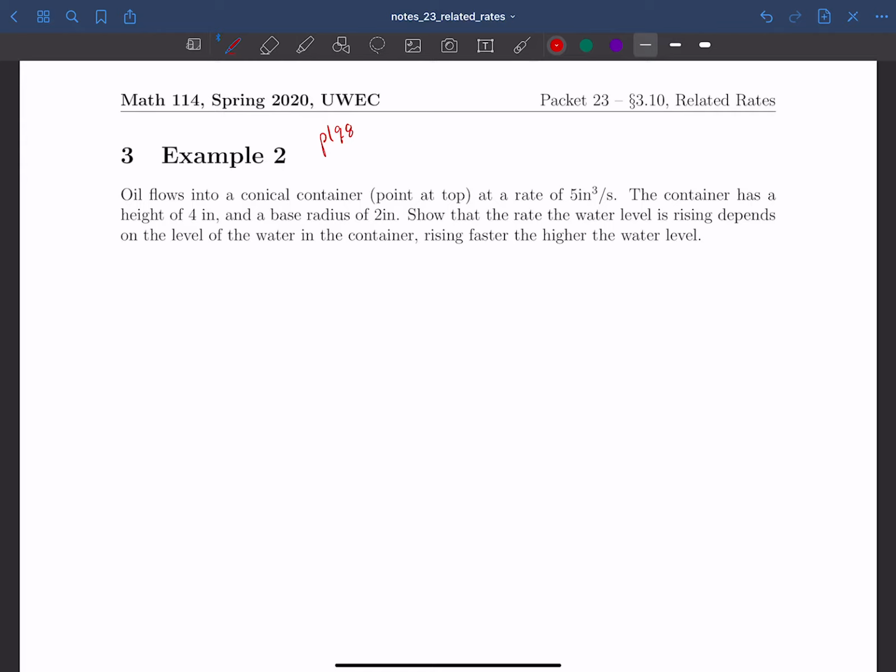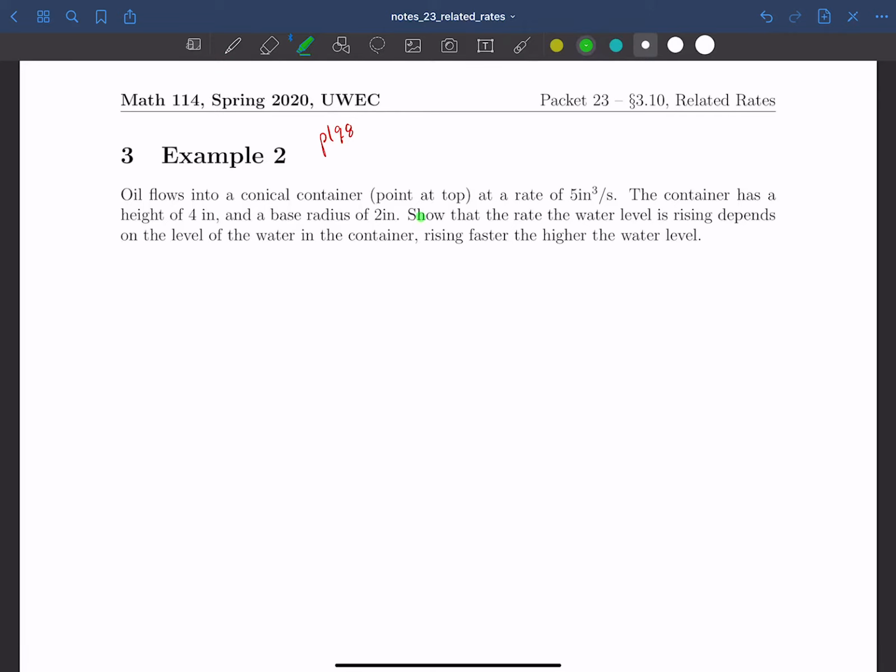Oil flows into a conical container with the point at the top at a rate of 5 cubic inches per second. The container has a height of 4 inches and a base radius of 2 inches. Show that the rate the water level is rising depends on the level of the water in the container, and that it rises faster the higher the water level. Okay, so this is kind of my goal.